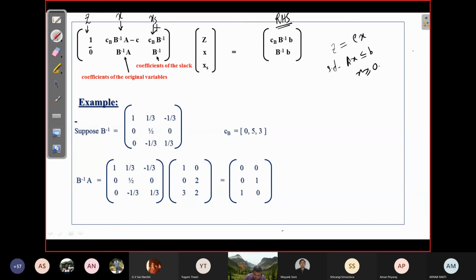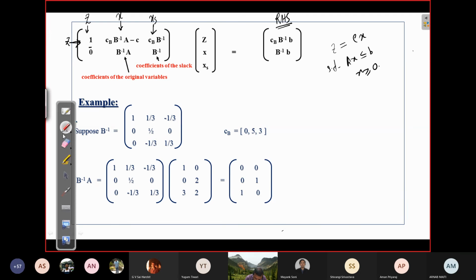Now this first row is the Z row. You can correlate it with the table. If you compute CB B inverse A minus C, it will be a single quantity, and similarly CB B inverse. The next is a set of rows for the basic variables XB, which can be many.